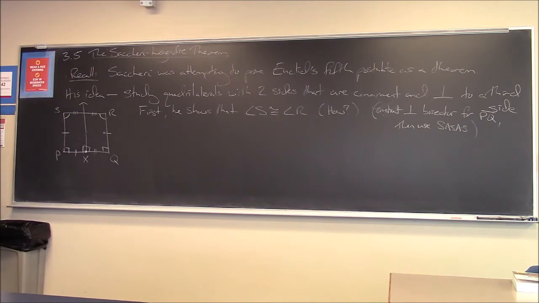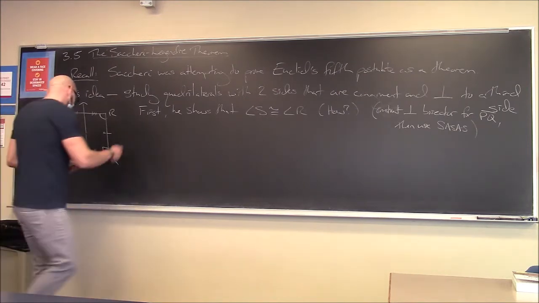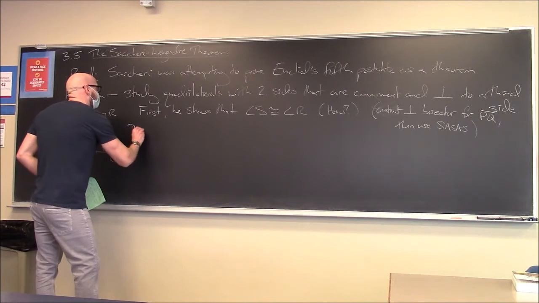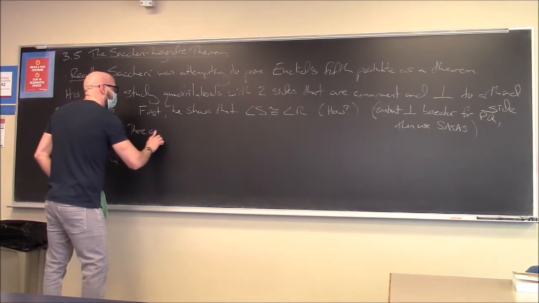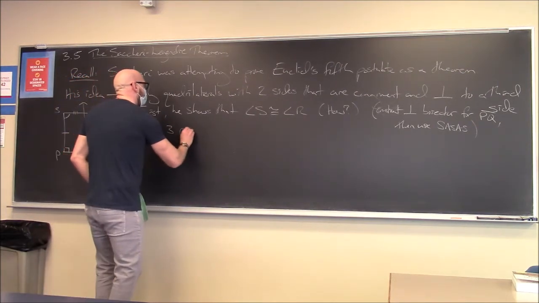Now there are three possibilities. Either these angles are less than 90 degrees, they're equal to 90 degrees, or they're bigger than 90 degrees. He's hoping he can rule out possibilities 1 and 3 and show they must be equal to 90 degrees. So there are three possibilities.